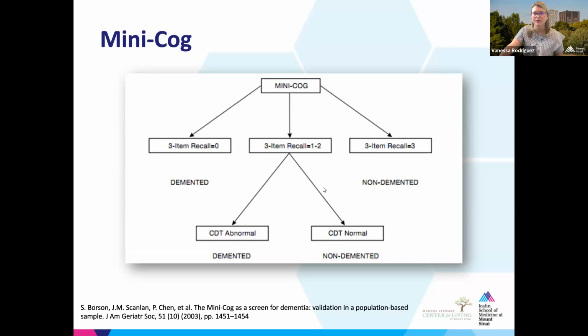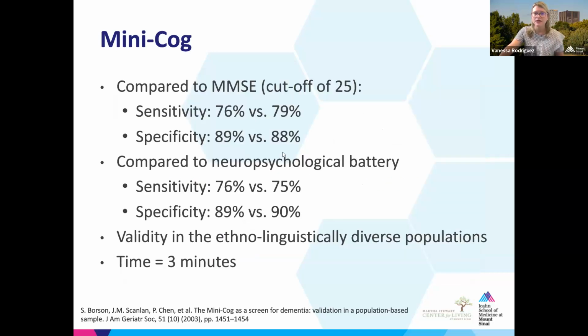I would say, though, in practice, if there is some level of suspicion, even if somebody is very highly educated, you could still proceed with a much longer test. But the Mini-Cog has good sensitivity and specificity compared to other longer tests.